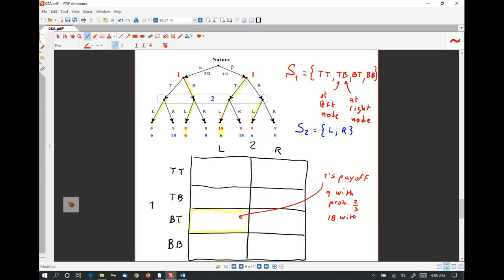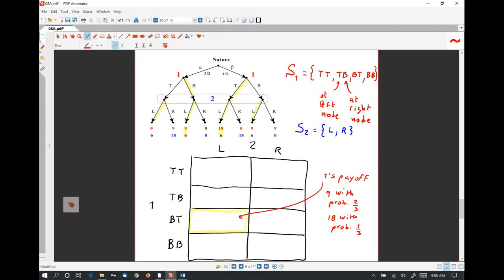with probability 1/3. So with probability 2/3, nature chooses alpha, and then we go down to BL and we go down to a payoff of 9 for player 1. And with probability 1/3, nature chooses beta, so then we go down, following TL, to 18.